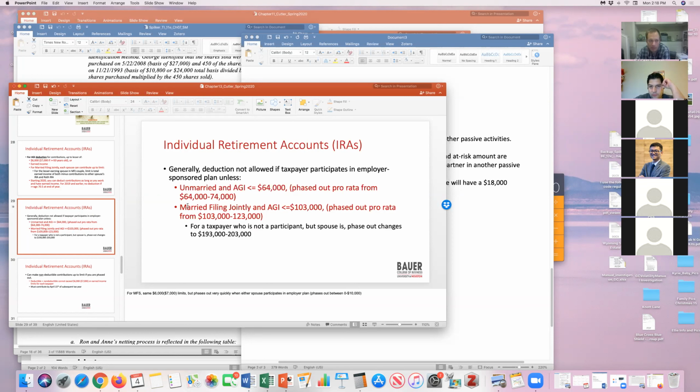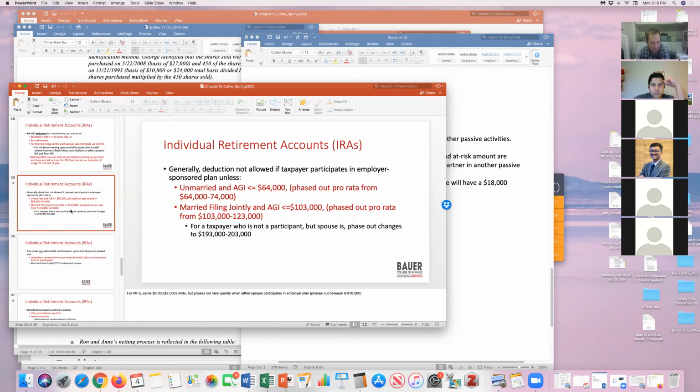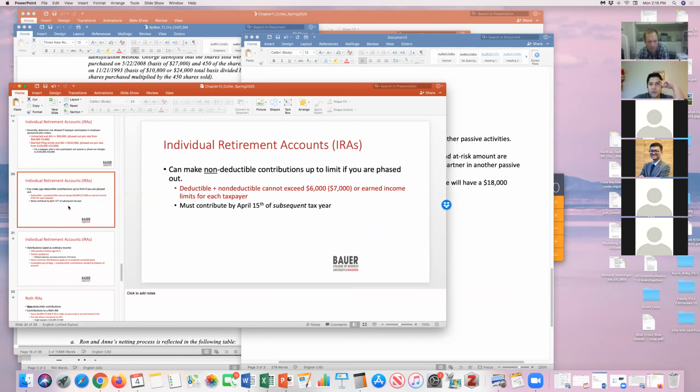If you're doing an individual account, instead of excluding your contribution from your income, you deduct it as a for-AGI deduction. It basically has the same effect. You can still put money in, you just don't get a deduction if your income is too high, but that's still good because the money will grow tax-free until you take it out.